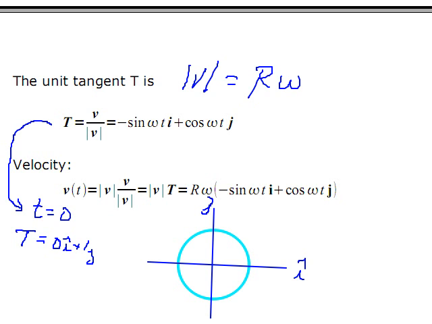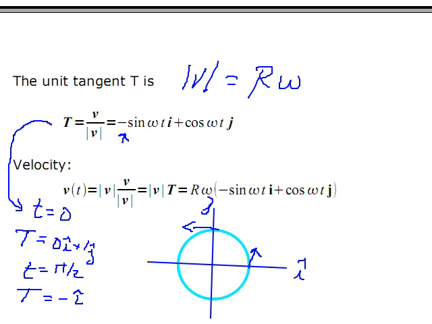So along the path, that's a vector like that. Makes sense, although poorly drawn, of course. When t is pi over 2, then this tangent would have, remember there's a negative sign here, it's going to be minus I. And as expected, it's like that.